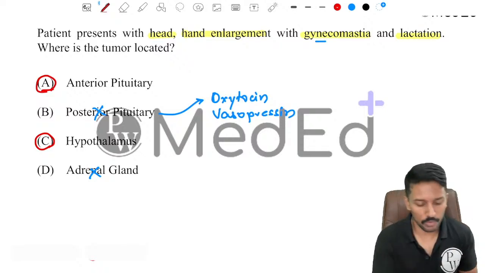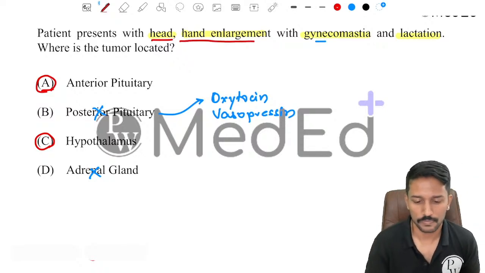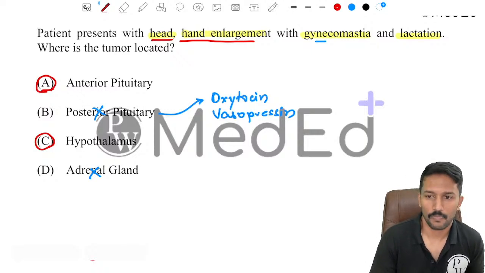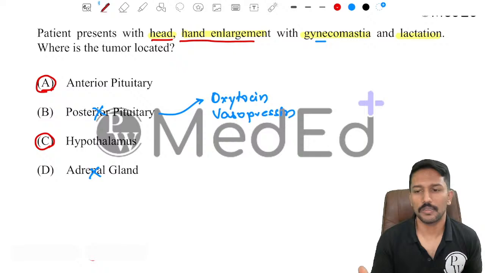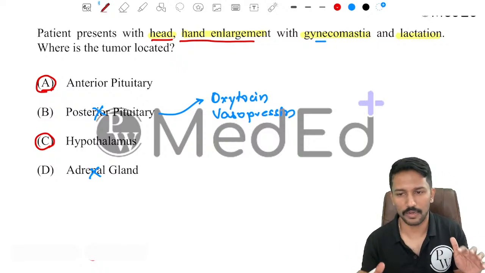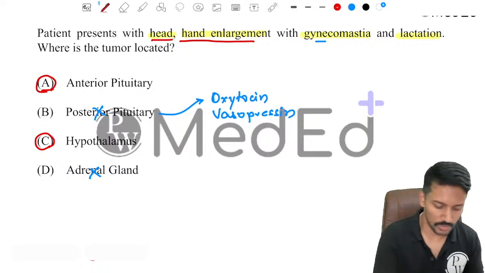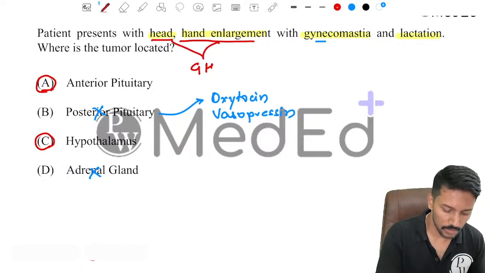Okay, which hormone can cause enlargement of head and hand? We have heard the term acromegaly. Acral means hands and feet, right? Acral enlargement is acromegaly. And all this prognathism. So these can be explained with growth hormone.